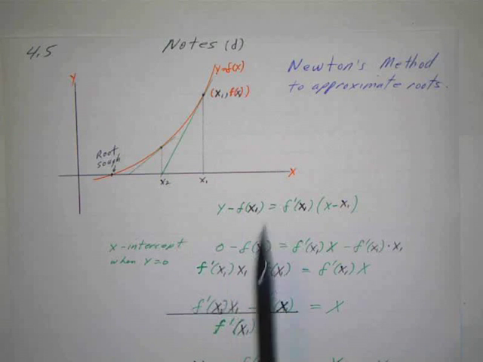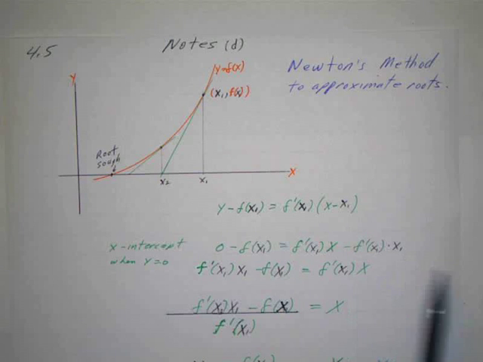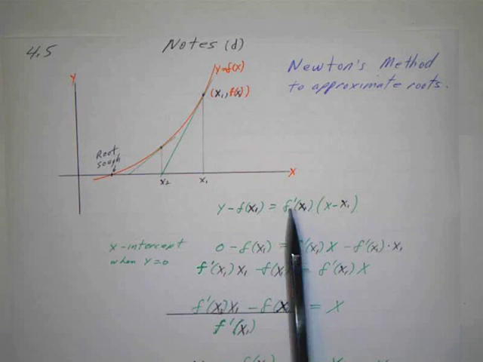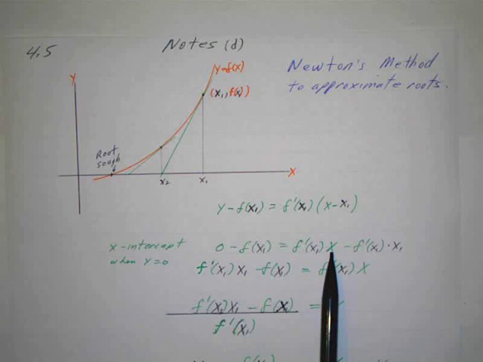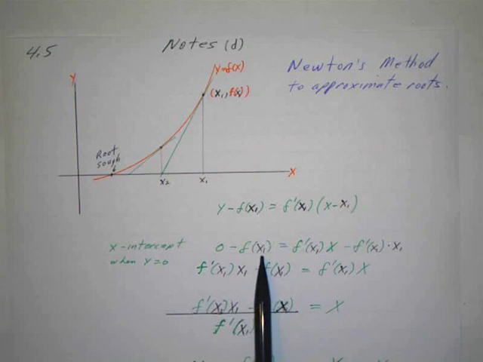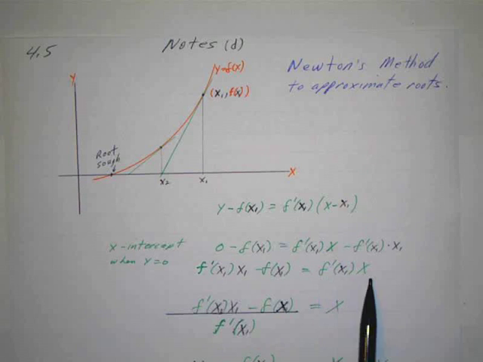So I put 0 in for y and leave everything else the same. Then I multiplied out: I left this the same, then I multiplied f prime x1 times x, f prime x1 times x1. And this f of x1 was positive, so I added this f prime x1 times x1 to both sides, and I left this on the right.